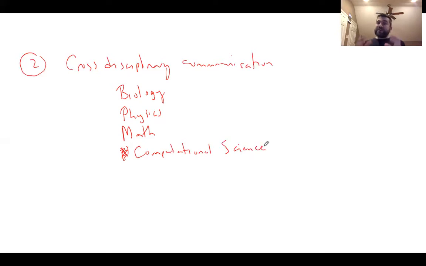We are going to discuss numerical methods. We are going to discuss the algorithms that we can use to solve our problems using the language of computational science. We'll talk about complexity of algorithms.